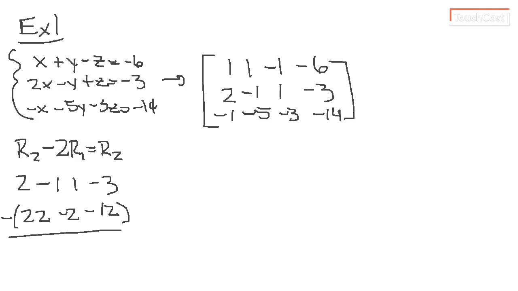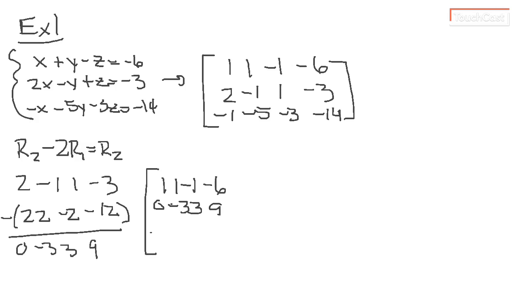So from that, I'm going to get 0, -3, 3, and 9. So now my matrix is going to look like 1, 1, -1, -6, 0, -3, 3, 9, -1, -5, -3, -14.